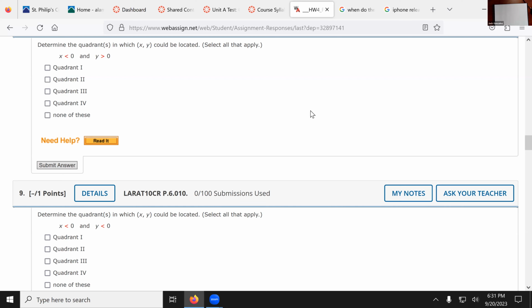We said earlier we wrote quadrant 1, they're both plus, right?